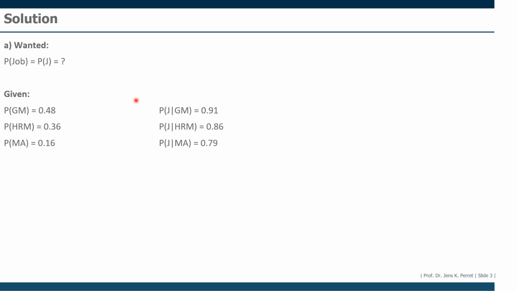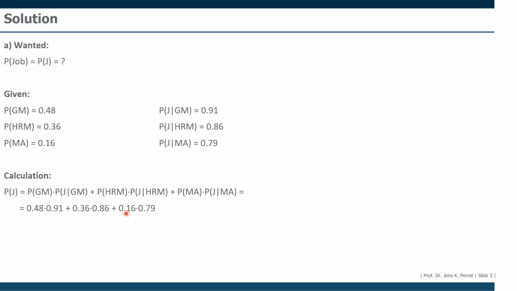Whenever we have this, and conditional probabilities conditioned on these events, we can use the theorem of total probability to calculate the unconditioned probability of finding a job after the studies. For this, we multiply the conditional probability with the probability that the condition takes place. So we multiply this with that, and this with that, and then we add up all of these parts.